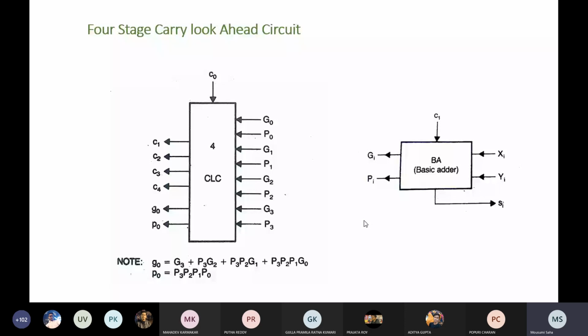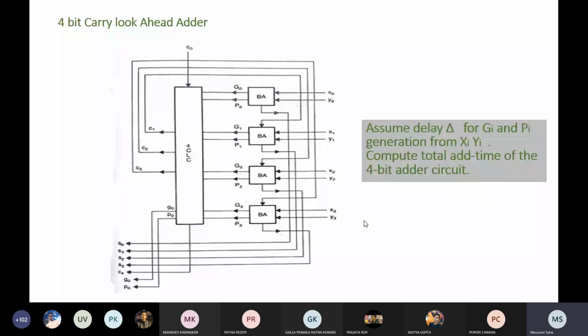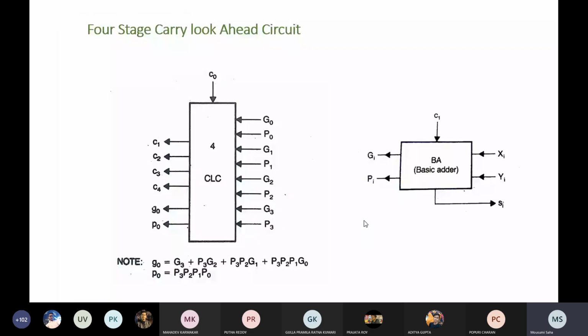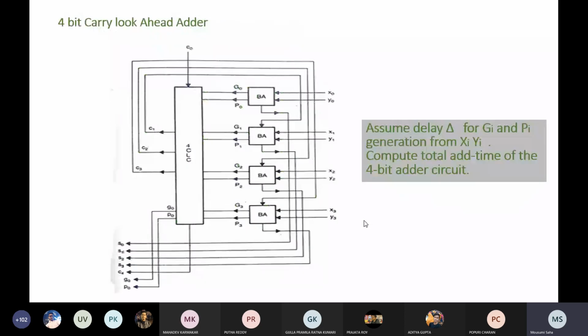These G0 and P0 you can use when you want to design a higher level carry look ahead adder circuit. This circuit is helpful to design your complete carry look ahead adder circuit. The previous circuit was only to find out all the carries, but here with the help of this you can design all the sum bits.